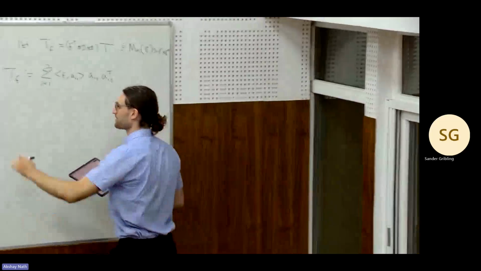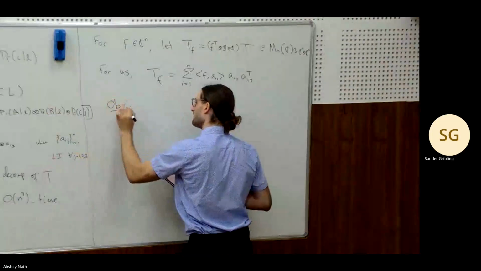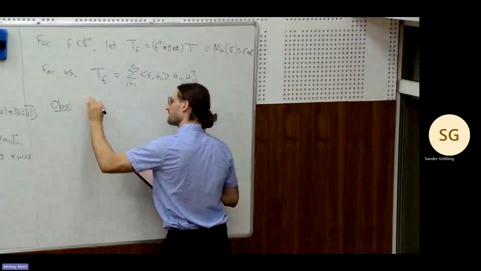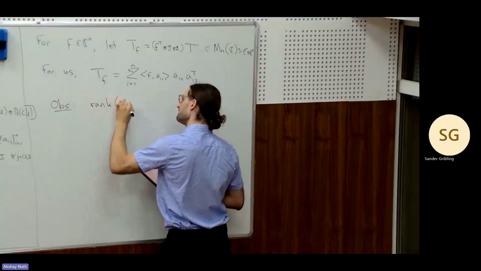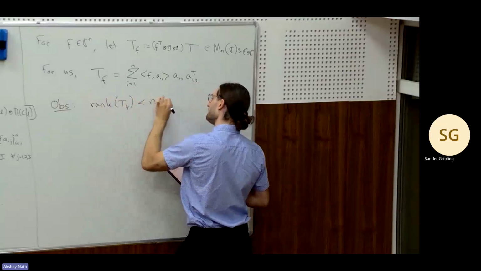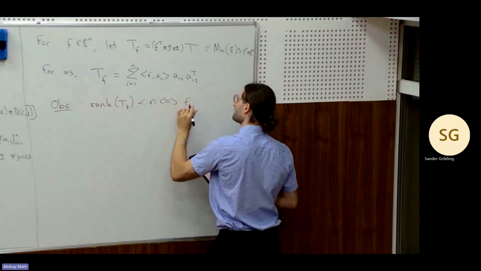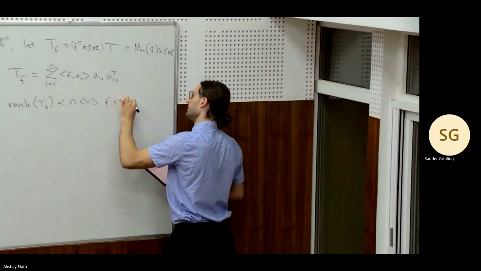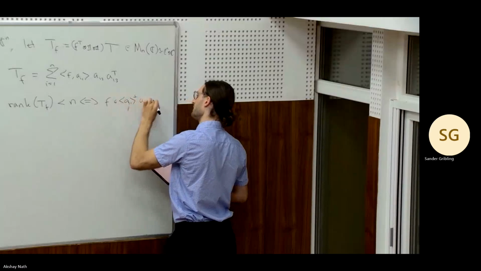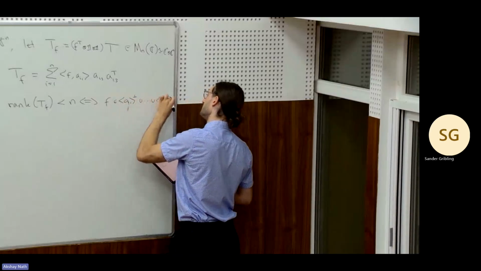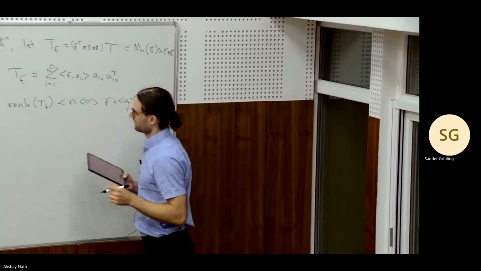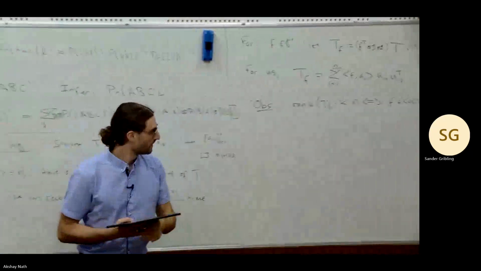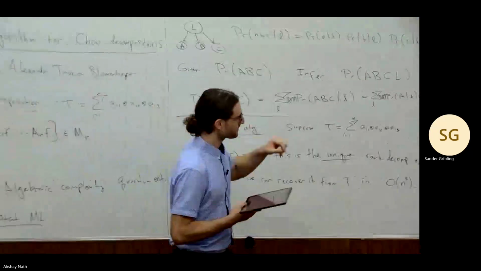And now an observation: the rank of this matrix T_f is strictly less than n if and only if f is orthogonal to one of these a_i1s.